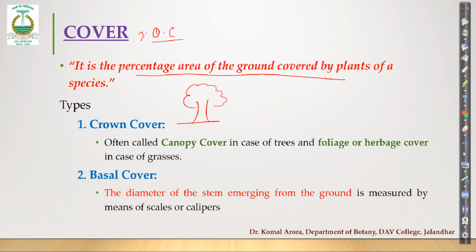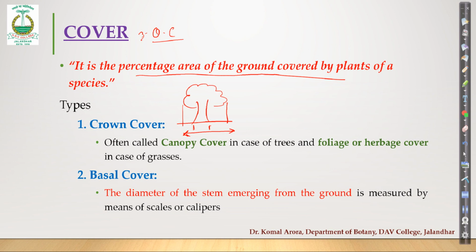Now the basal area of the tree will be the one corresponding to the trunk, whereas the overall area covered by the plant you can get if you vertically project the extremes of its canopy onto the ground. See, it is the area of the ground. On the ground, this area will be called its cover.